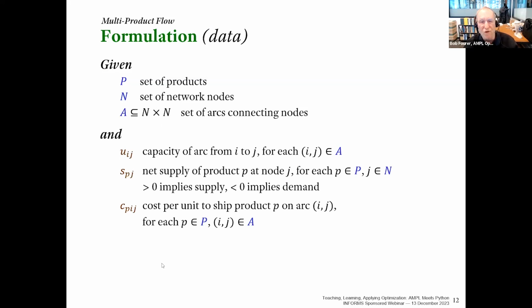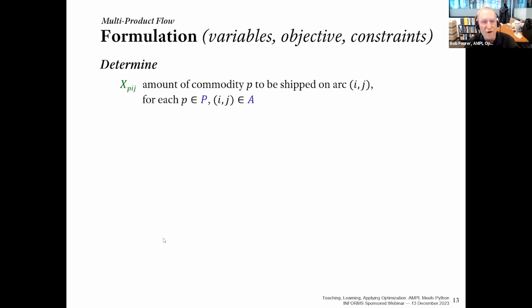This is typical of the whole model formulation, that things are indexed over sets. The variables are the same way. For every product and for every arc from i to j, there's an amount of commodity p to be shipped on the arc, X^p_ij. Then given those variables and that data, we can write the total cost, which is the objective, which is just summing up all the costs times the amount shipped.